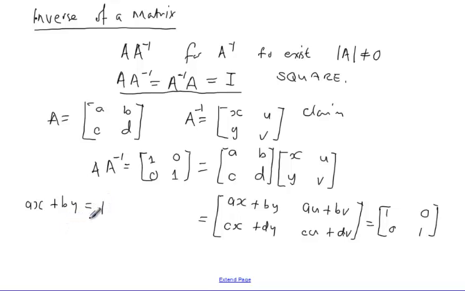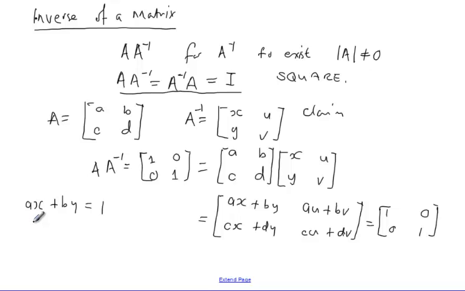When I say two matrices like this are equal, I compare the positions: this is equal to that position, and so on. When the corresponding entries are equal, we say the two matrices are equal. So it makes sense to say this is equal to 1.